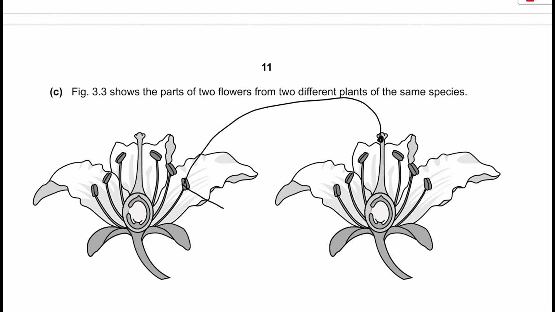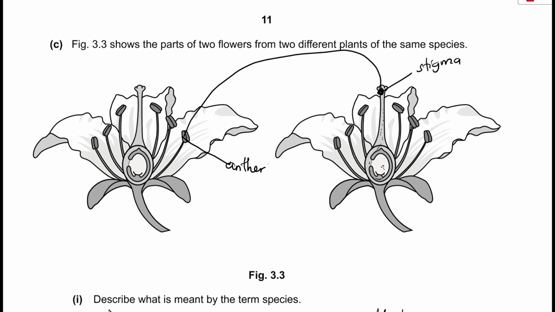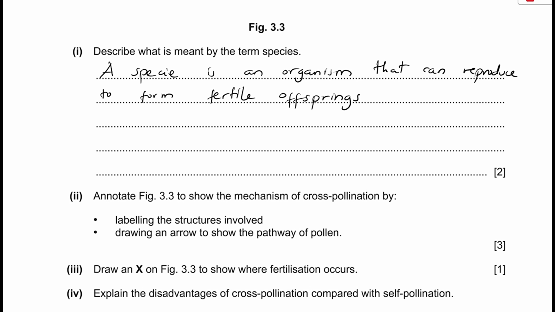This part here will be the anther, and of course it's going to produce the pollen. And this part here will be the stigma, which is going to trap the pollen. Then after the pollen have been trapped on the stigma, they will grow through a pollen tube down the style until they reach the ovary and get to fuse with the eggs inside the ovary. That is how cross-pollination occurs.